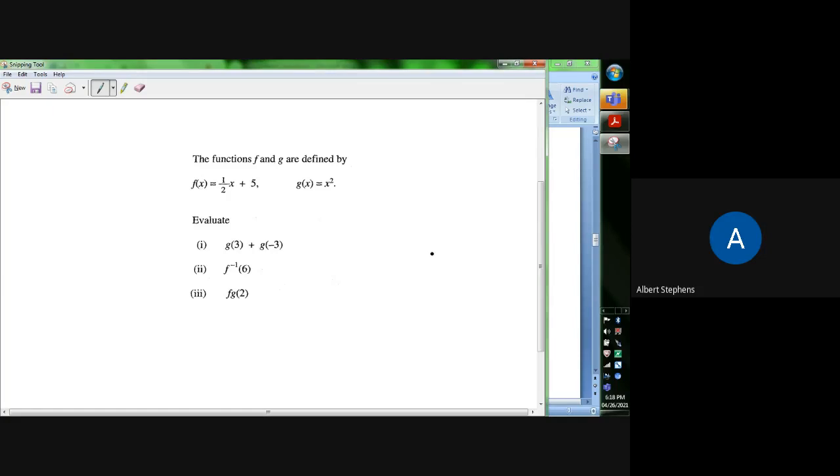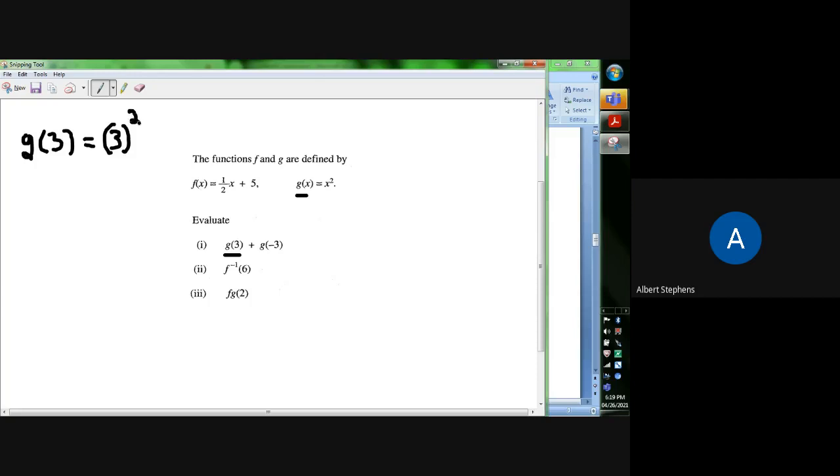In the interest of time, can someone tell me what you think g(3) means? What do you think we're going to do? How do you think we're going to work out g(3)? Look for the g function, replace x with 3. All right. So the g function is x squared. So then therefore it's going to be what? 3 squared.